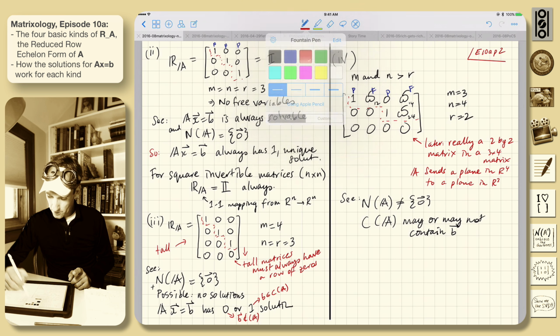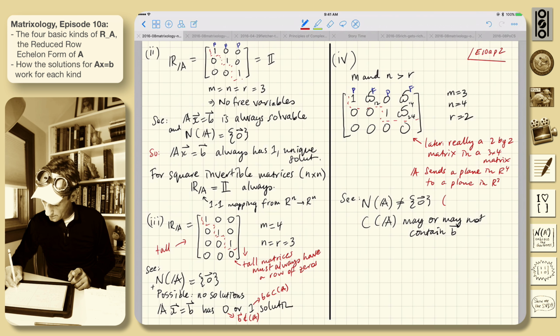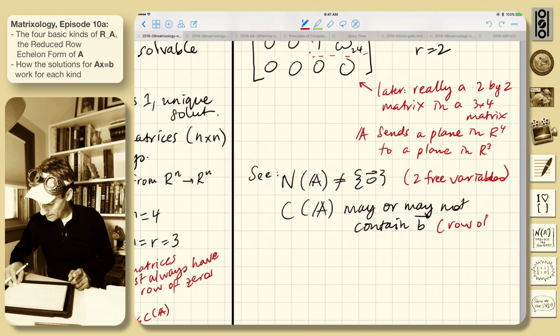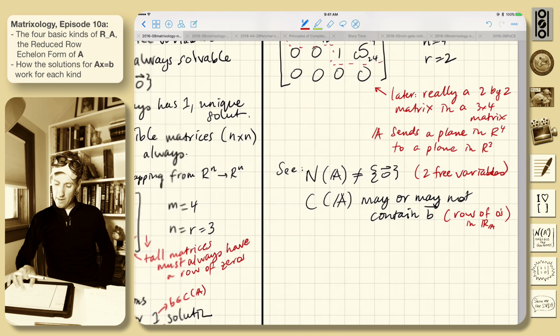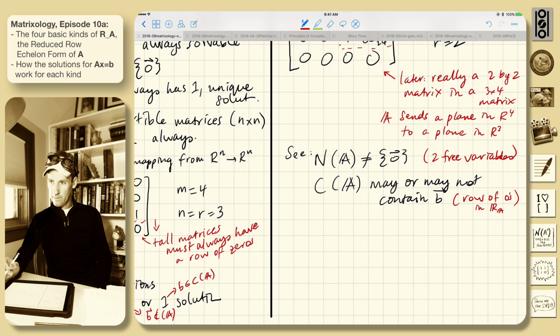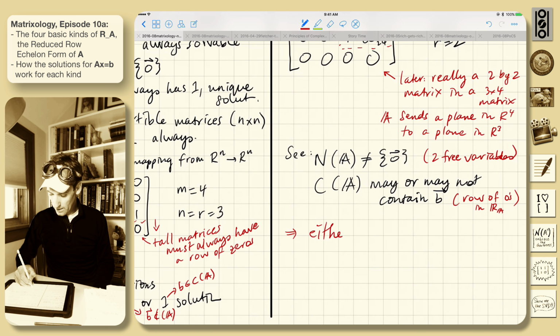And the reasons for these: this is because of 2 free variables, and this is a row of zeros, that little f, row of zeros in R sub A. Yep. Okay, so it's possible there may be a solution or not, and if there is, there will be infinitely many. So in this case, we have either 0 or infinitely many solutions.